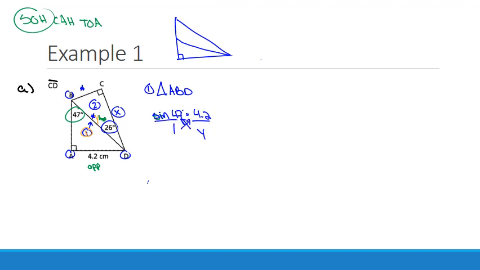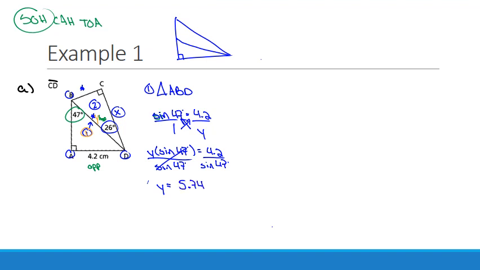Cross multiply. Sine 47 times y is 4.2. Now I want to divide by that sine 47 because I want to move it to the opposite side. You move it to the opposite side by performing the opposite operation. Initially that was y times sine 47, so that's why I did it. Now I have to divide to figure out what y would be. So that would be 5.74.